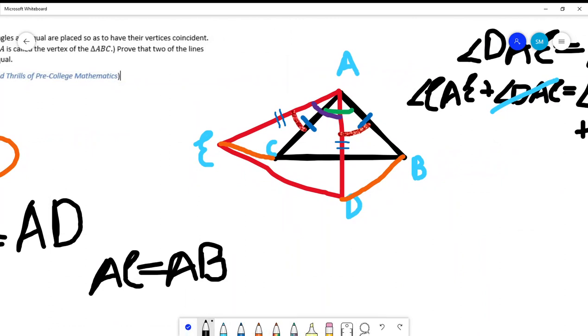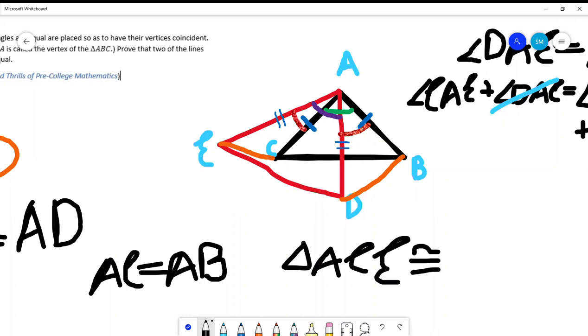So triangle ACE is congruent to triangle ABD.